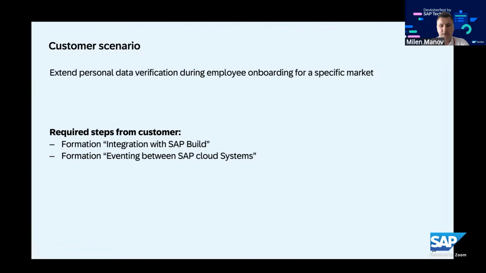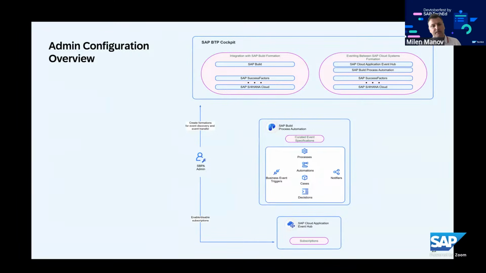So if we look at how it looks from the perspective of different personas, first, a BTP admin or an SBPA admin needs to establish the formations that I mentioned.